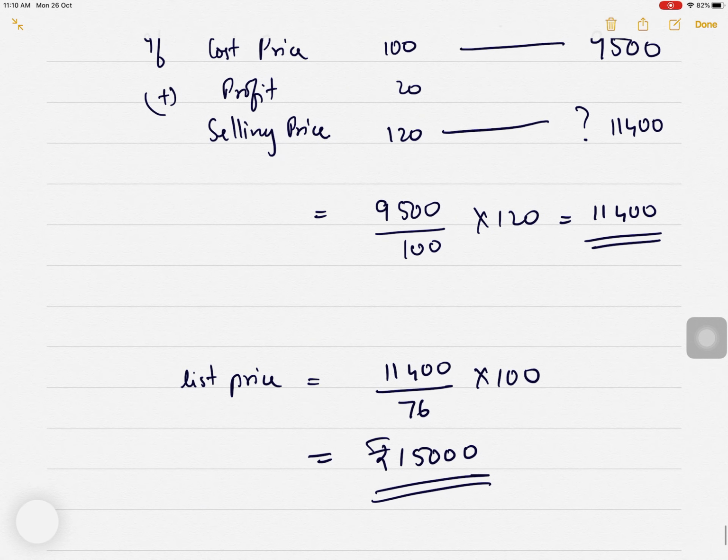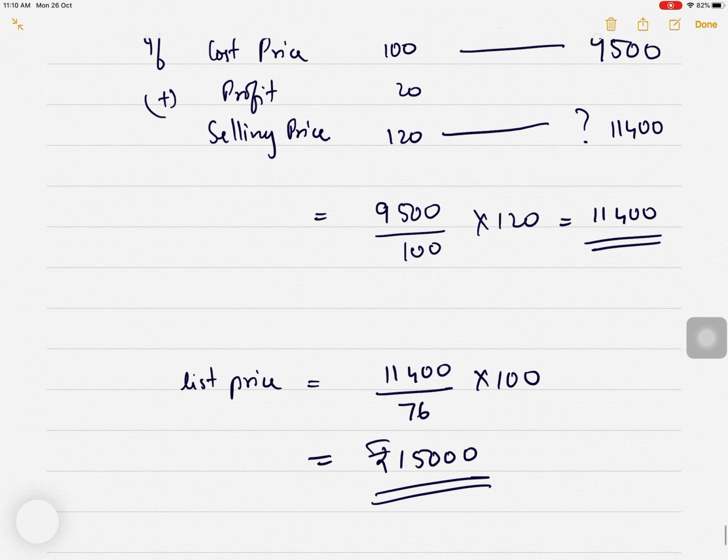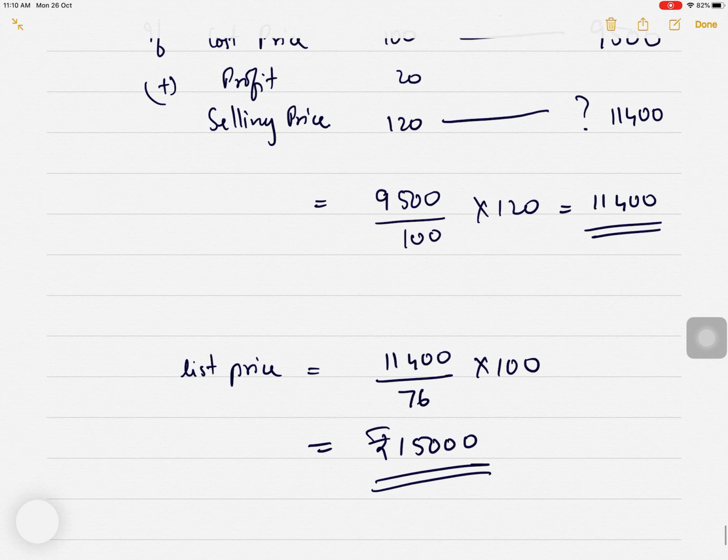Got it? I'll just add a line here. If selling price is 76, list price is equal to 100.